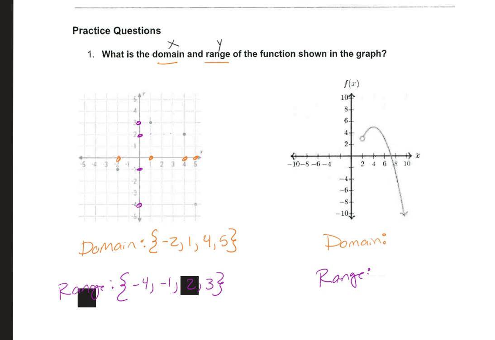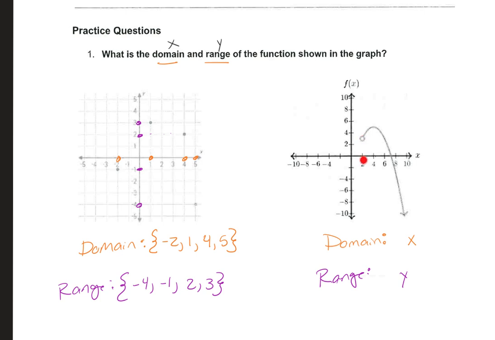Again, for my domain I have an X, and for my range I have a Y. Since I have the line, let's see, my domain, I have X here. X starts here and then goes through all these values. This arrow tells me it's going to keep going in this direction.